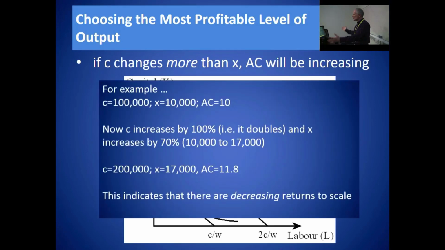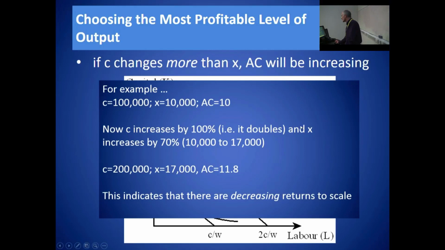Very quickly then, just to give you an example, just to illustrate that, start off the same as before, costs £100,000, output of 10,000, that gives us our average cost of 10. Now we double all production costs by doubling all factor inputs, so there we go, costs increased by 100%.